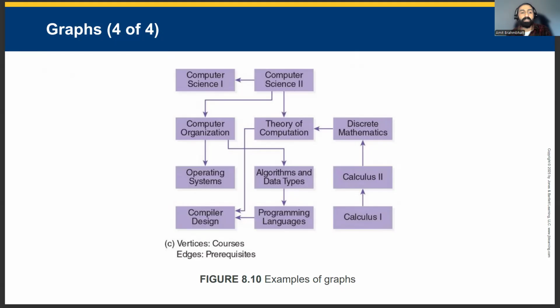These images set the stage for the searching algorithms we'll study next, like depth-first and breadth-first search. Here we see computer science 1 is a prerequisite of computer science 2, and then computer organization, and how calculus 1, 2 is a prerequisite of discrete mathematics, etc. Vertices are courses and edges are prerequisites in this graph.